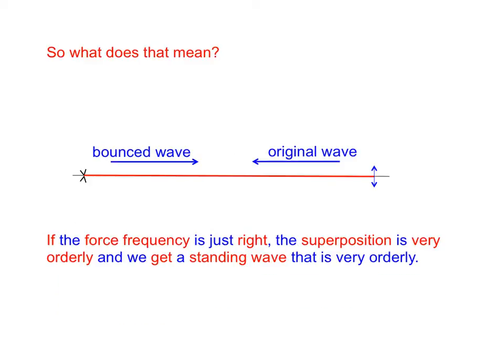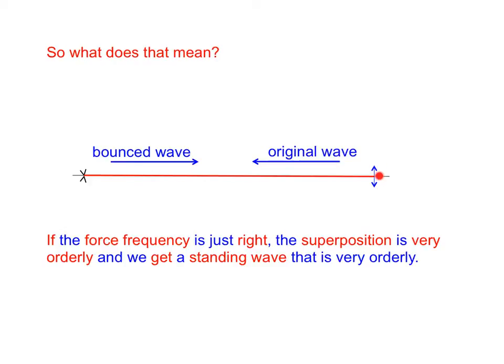So here's just a little schematic. Here we could have, say, a string. It's fixed at one end. You grab the other end, which is going to act like a fixed end, but you're going to jiggle it just a very little bit. That's going to generate a wave. That wave is going to move down, bounce off this end and come back in this direction, so you have the bounced wave moving this way.